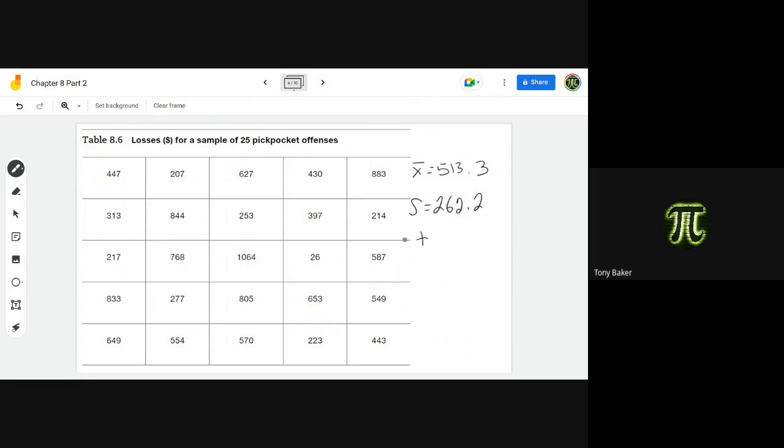If I'm looking for 95%, so 95% is T of what? 0 what? Almost. Right, it's 0.025. Why? They're on both ends. So we're looking at 0.025.